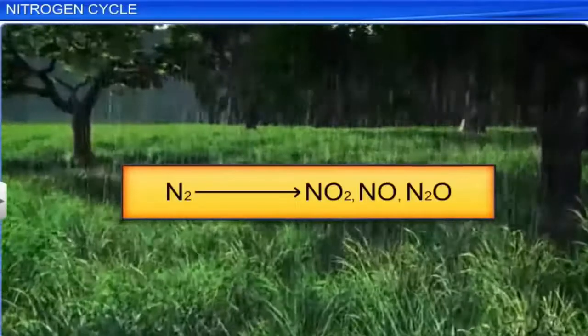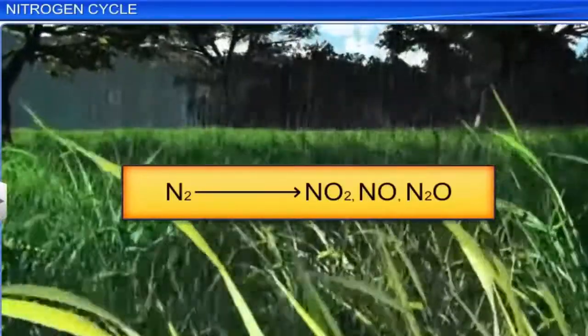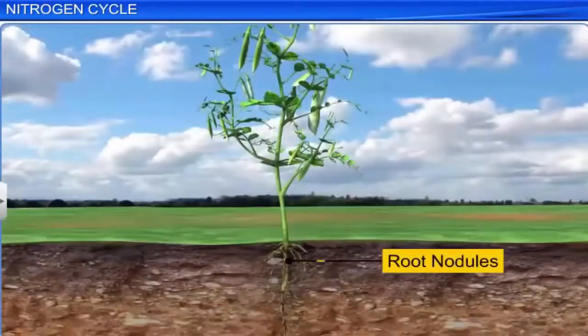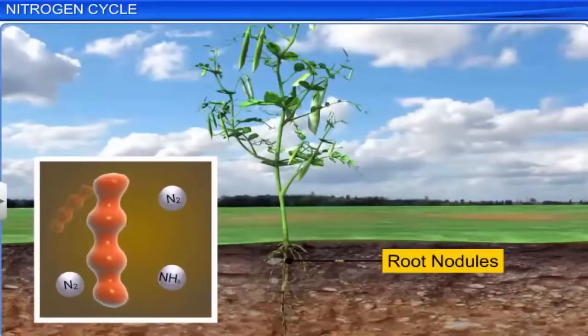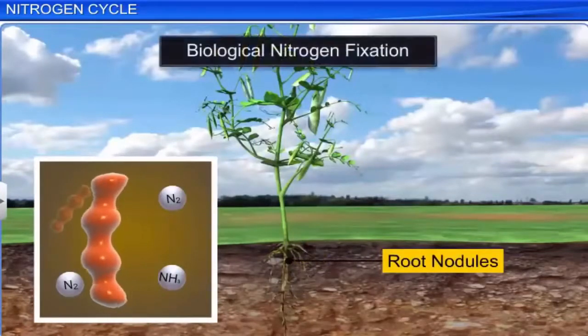Some of these nitrogen oxides are brought to Earth by precipitation as rainfall. But most of it is biochemically fixed by microorganisms. This is called biological nitrogen fixation.